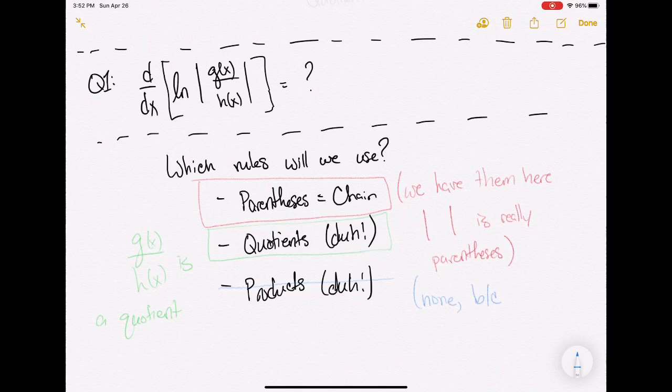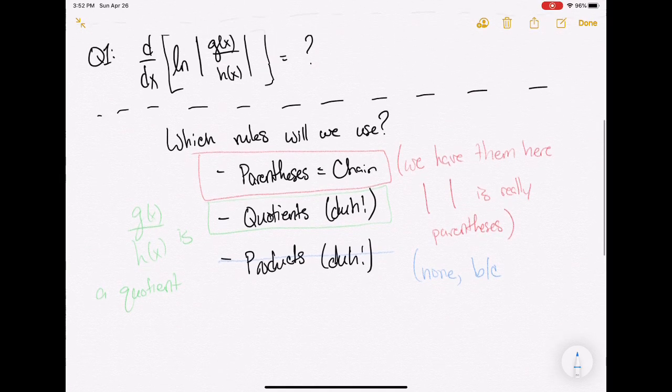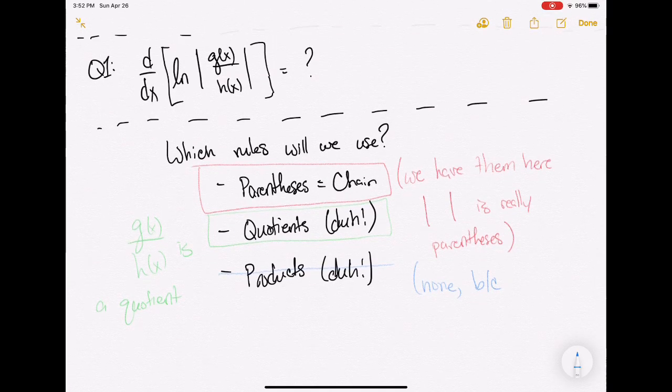None because, you know, this is something you want to get used to, but the natural log of something is not natural log times something. It is a function itself.